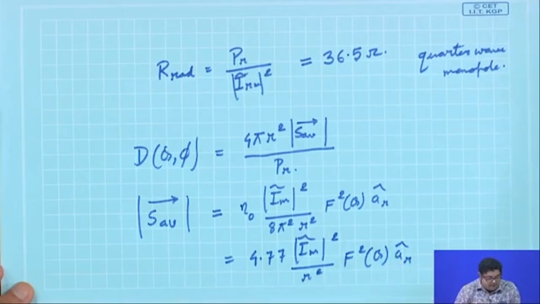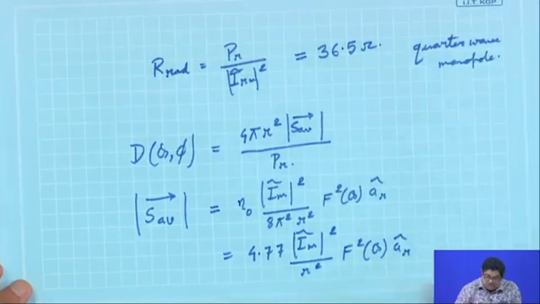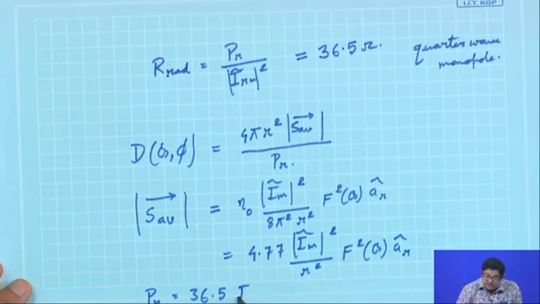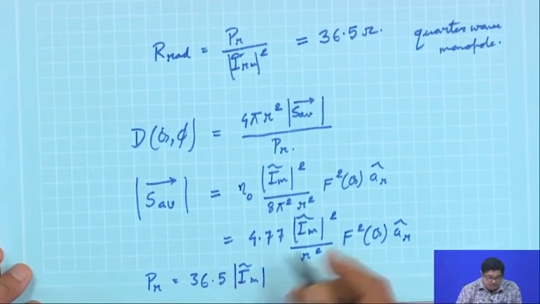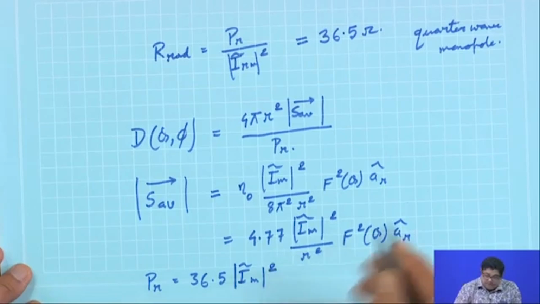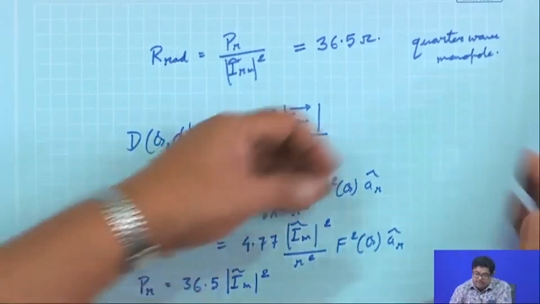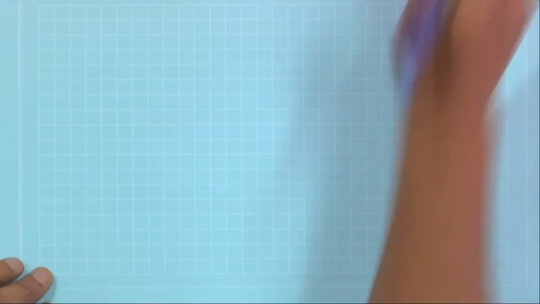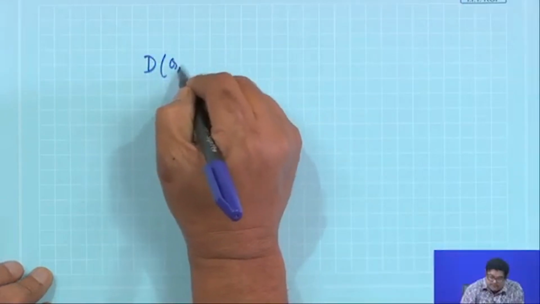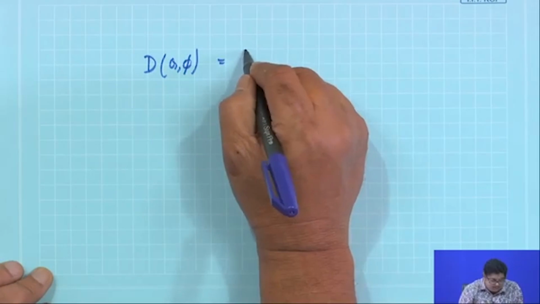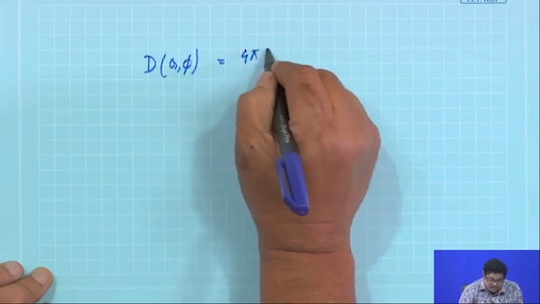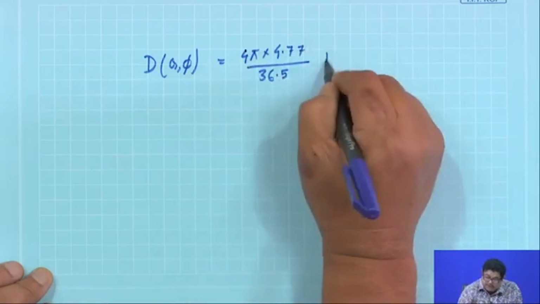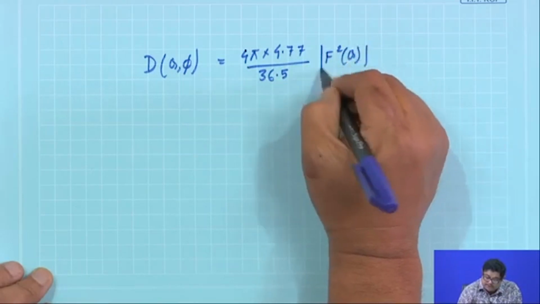Now, P R we have already found out. It is 36.5 ohm, which I derived in the last lecture. So, if we put it here, the directivity becomes 4 pi into 4.77 by 36.5 times f squared theta.